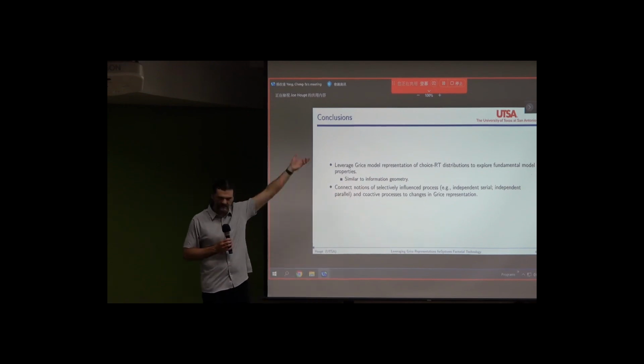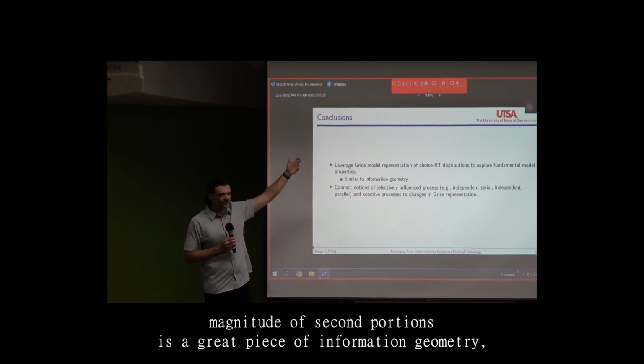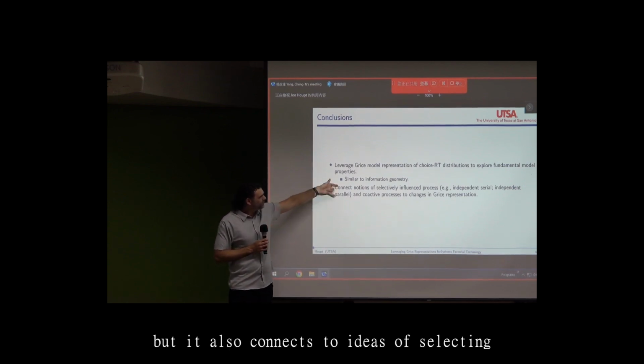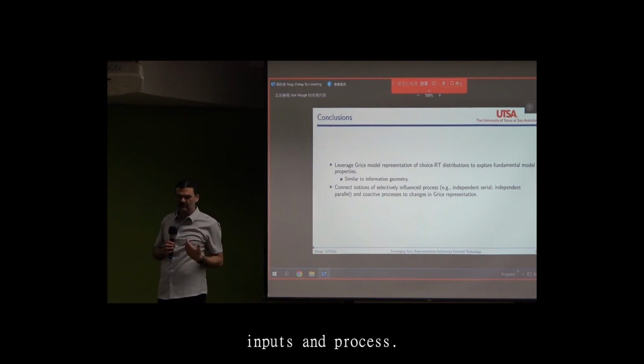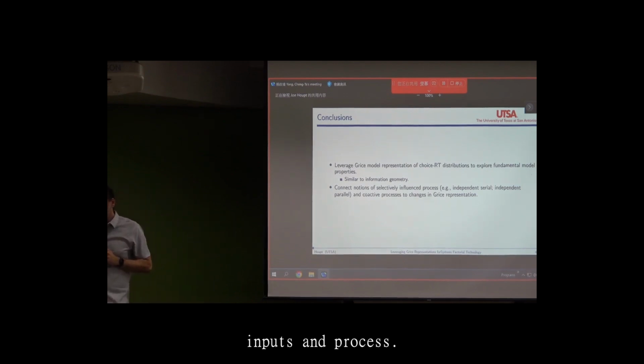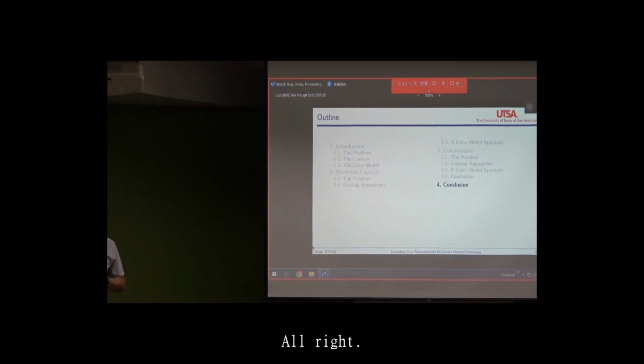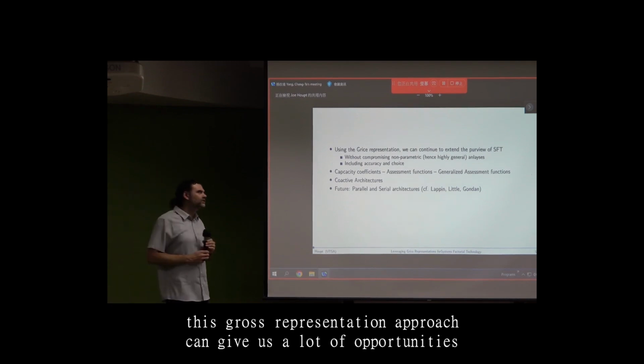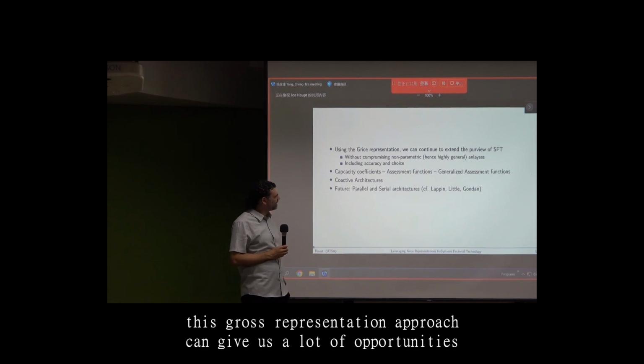That kind of magnitude of second partials is a big piece of information geometry. But it also connects to ideas of selective influence in processes as well.